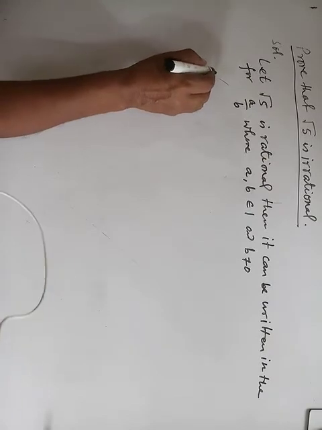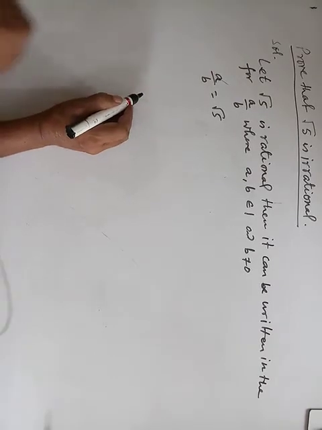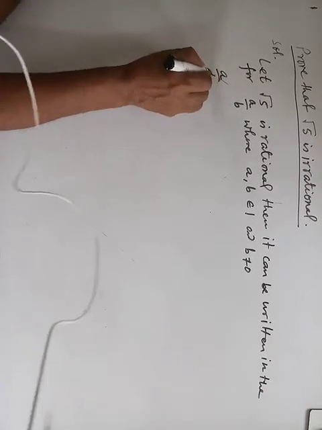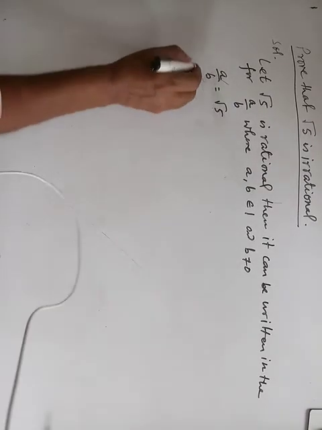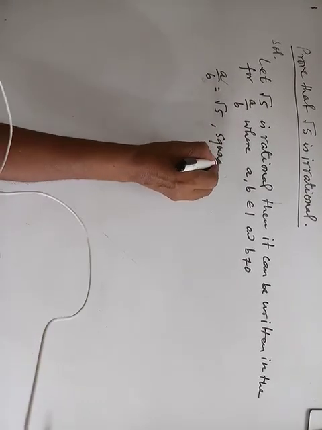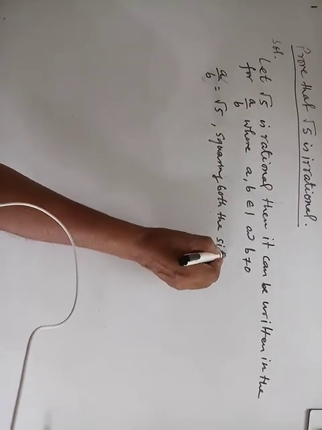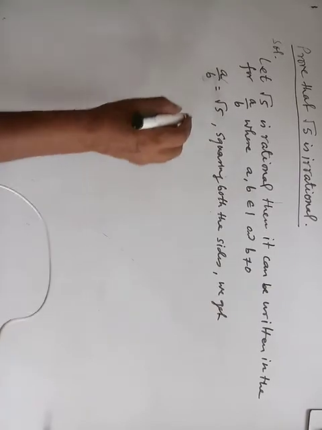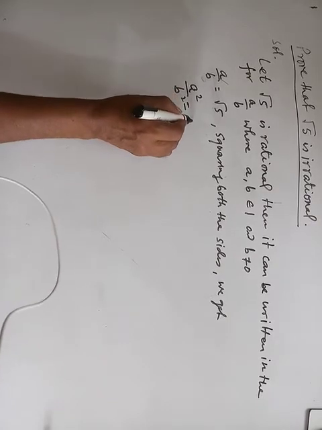So a by b is equal to root 5. Now squaring both the sides, we get a square by b square is equal to 5.